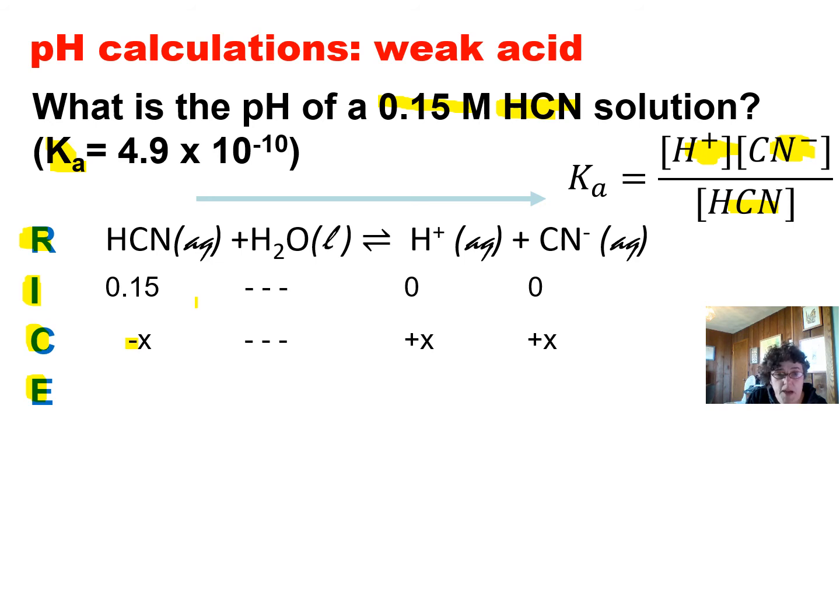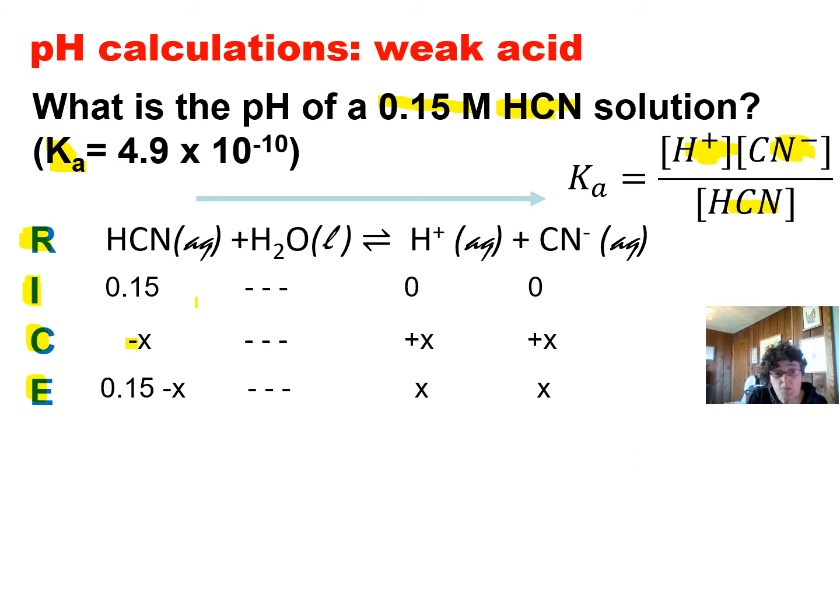That very same amount is the amount that H plus is going up, because there is the same coefficient in front of HCN and in front of H plus, so they are in a 1-to-1 ratio. So the H plus is going up by plus X, and the CN minus is also going up by plus X.